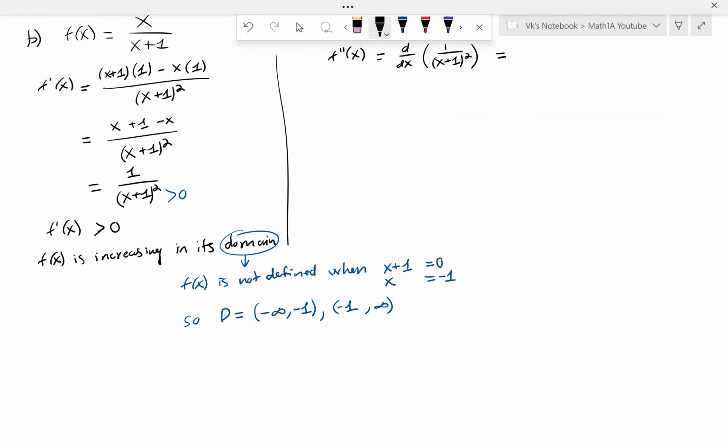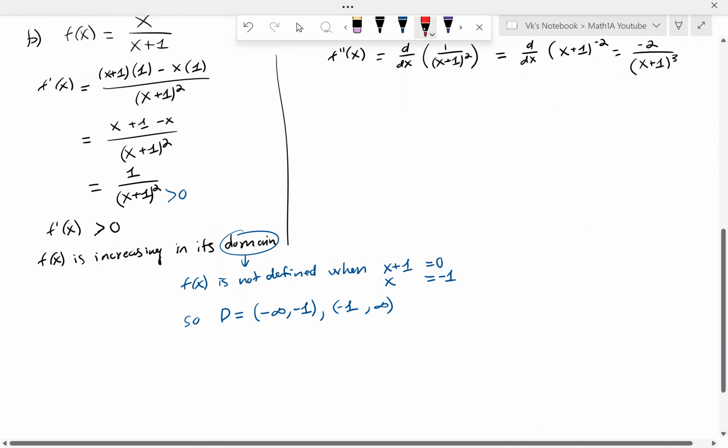You can write this as the derivative of x plus 1 to the negative 2, and that will make life a little easier with the chain rule. So negative 2 over x plus 1 to the power 3. We don't know what is going on to the left and right of x equal negative 1 because x equal negative 1 right here is a vertical asymptote.